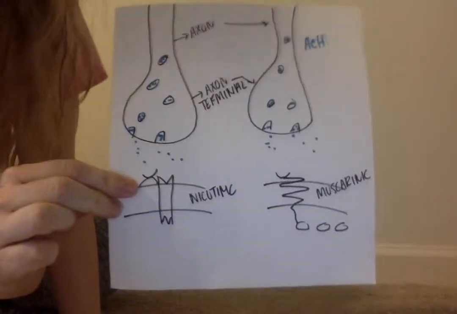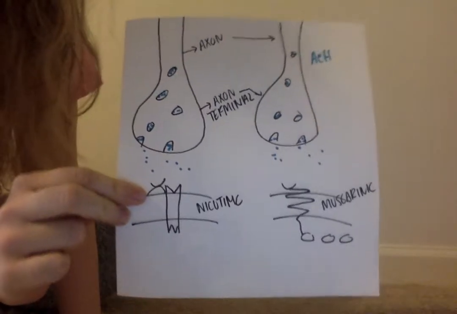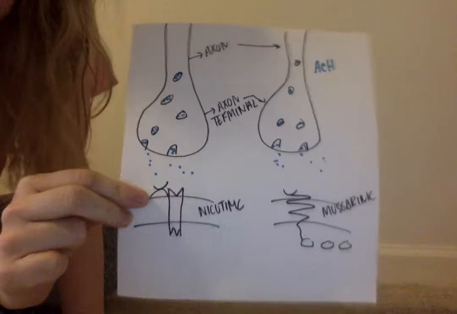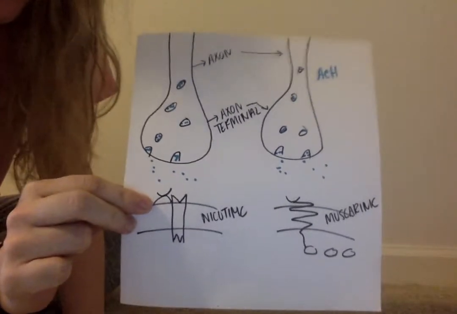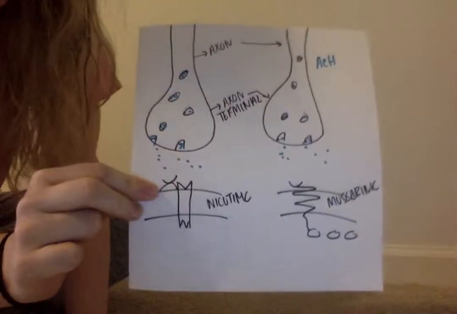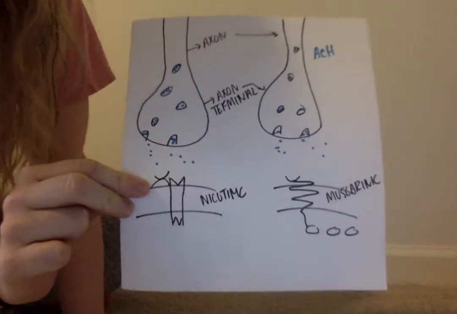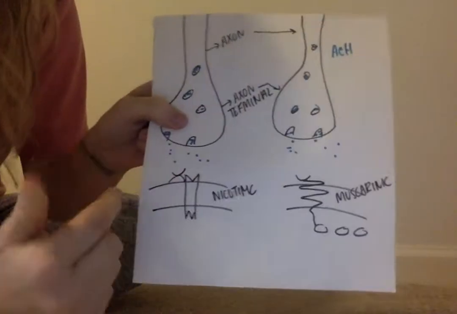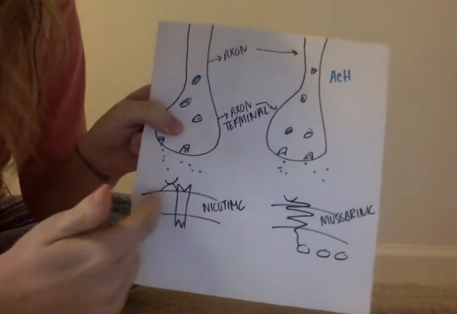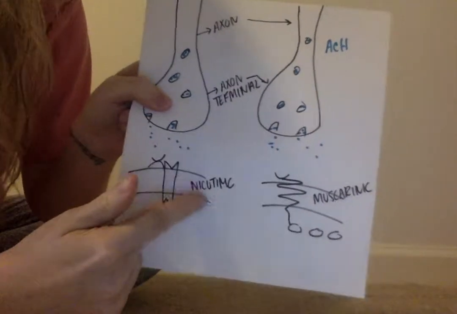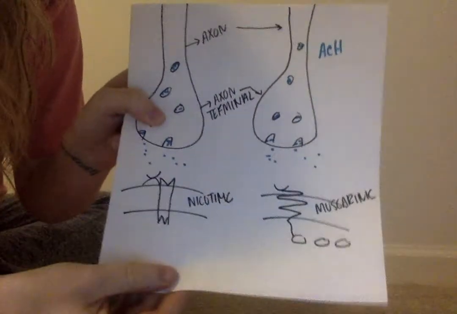The way that I like to think about the nicotinic receptor is like if you had a tunnel going through a mountain. And at the end of the tunnel, to get through the tunnel, you had a toll gate. And you had to pay the man at the toll gate a certain amount of money to get through the tunnel in the mountain. Now, this is my mountain, but it's really a body cell phospholipid bilayer.